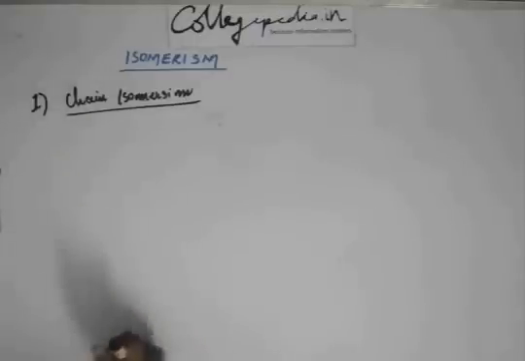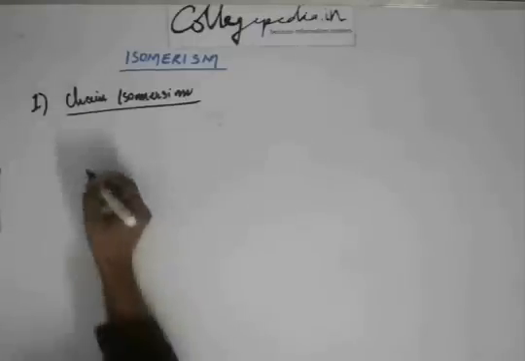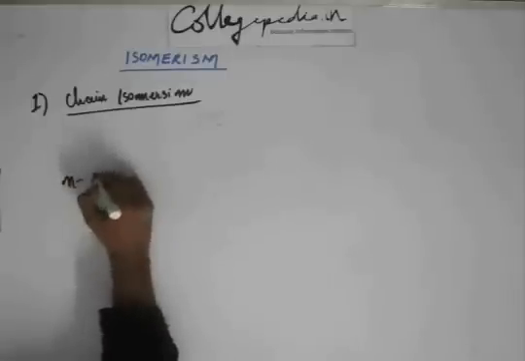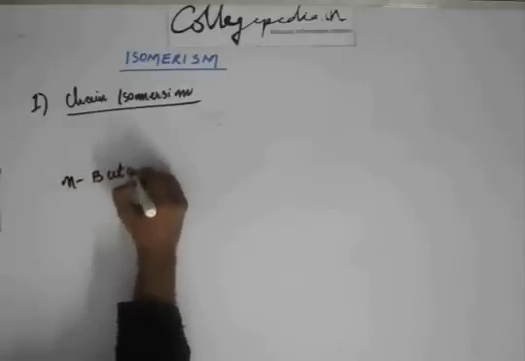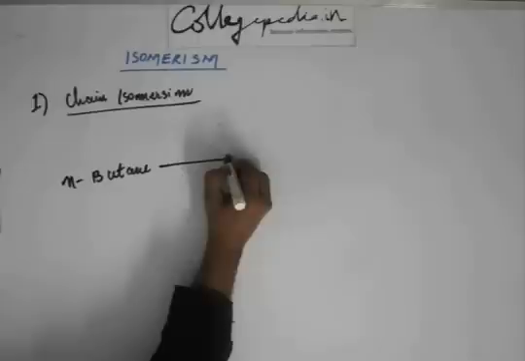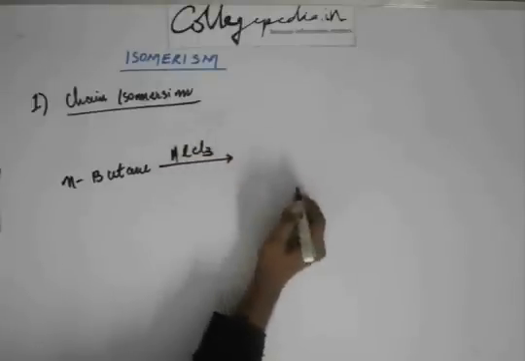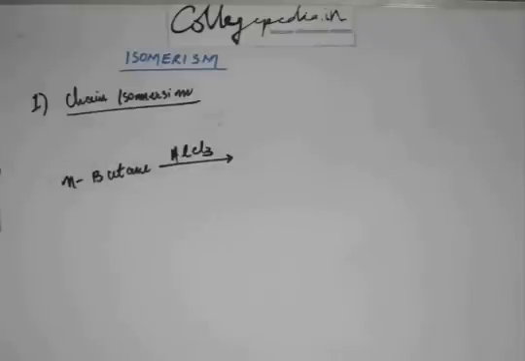Or they can be a bit more stylish and ask you like this. You have n-butane, and they will say that in presence of AlCl3, this n-butane rearranges, it changes to another isomer.